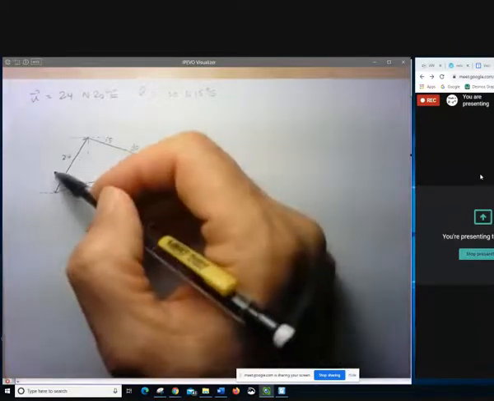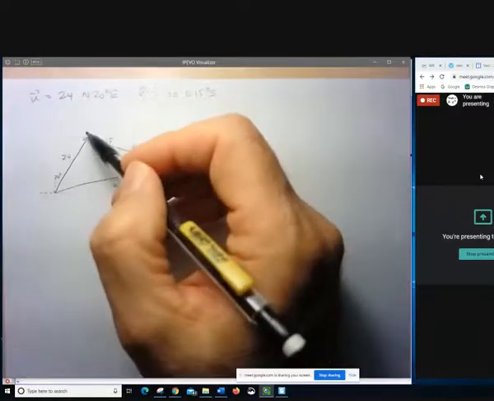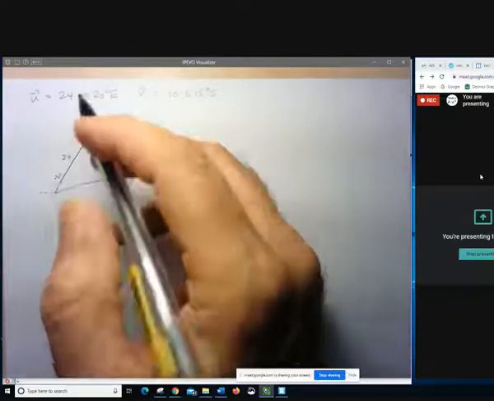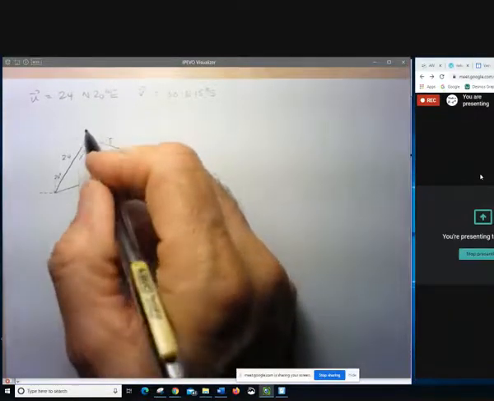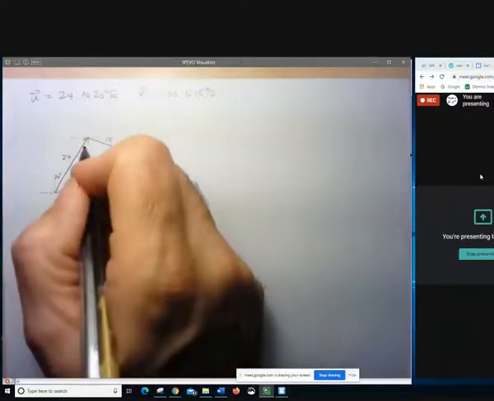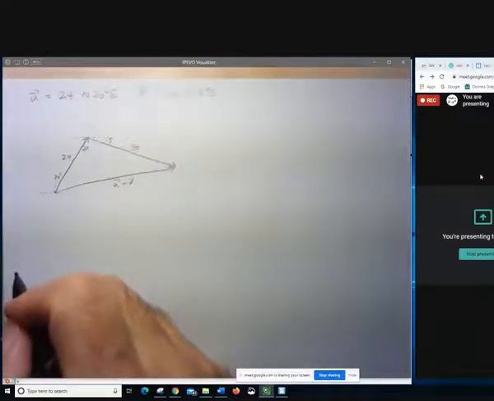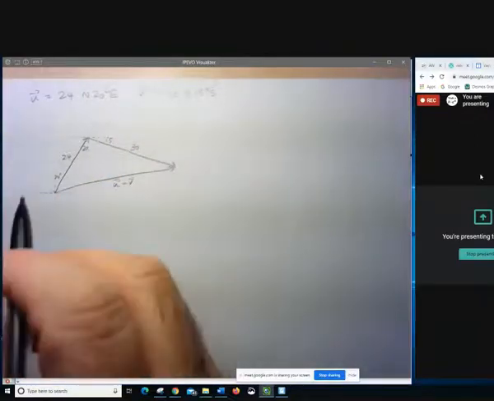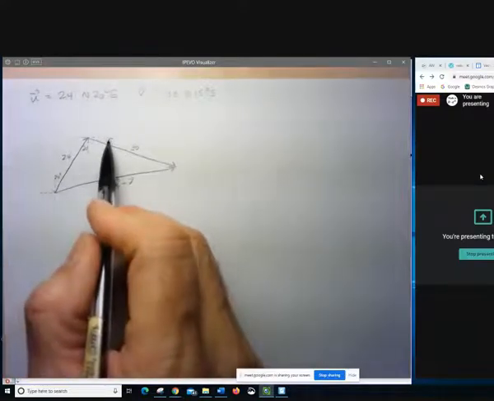What I have here is these two parallel lines, north-south, north-south. So if this is 20 degrees, then this acute angle that's also produced by this parallel line is also going to be 20 degrees. Now, what other angle do I know? Well, I've got a right angle here, and I know that that's 15.